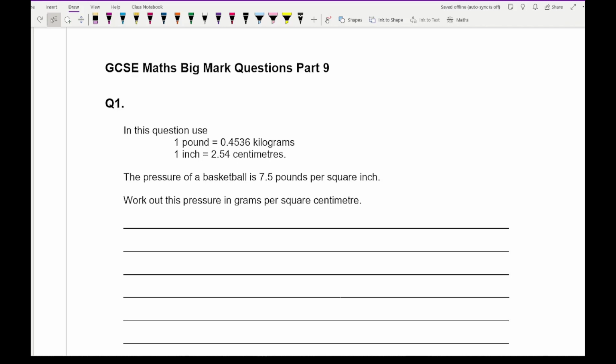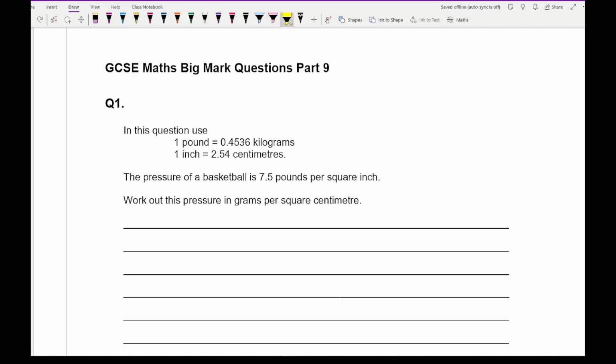So looking at question 1, it says in this question use that 1 pound equals 0.4536 kilograms and 1 inch is equal to 2.54 centimeters, and it says the pressure of a basketball is 7.5 pounds per square inch. Work out the pressure in grams per square centimeter. So what we need to do here is look at the units that we've been given.